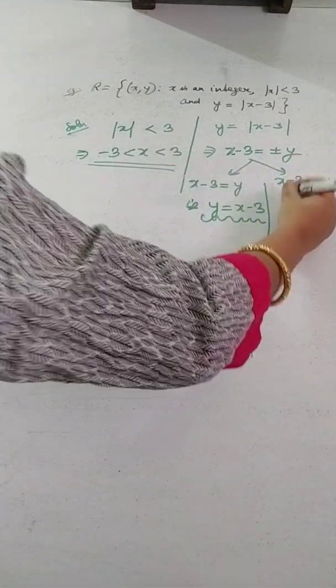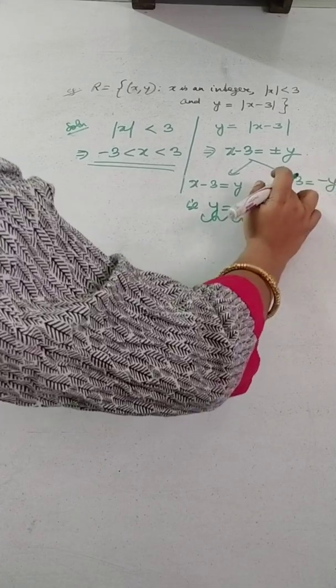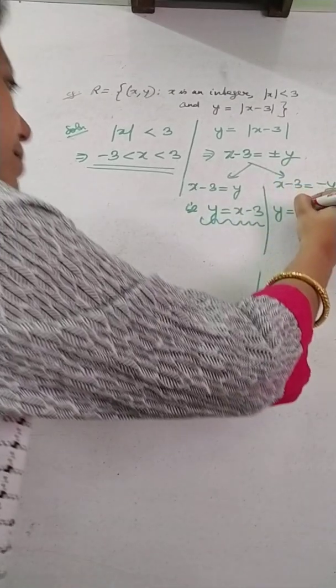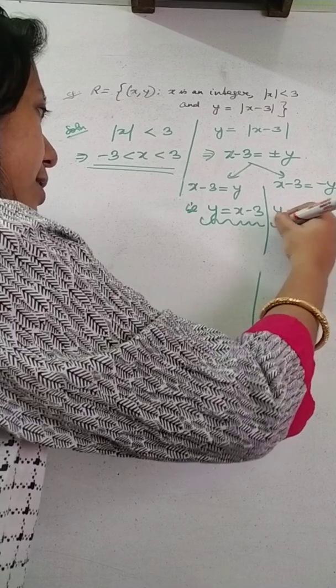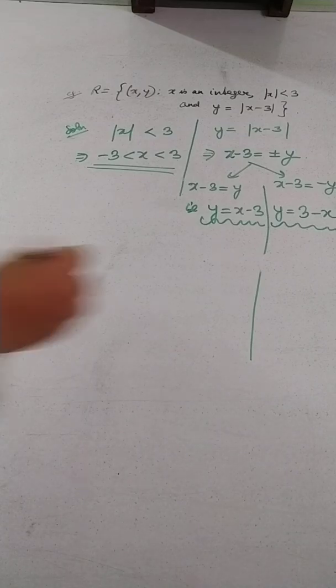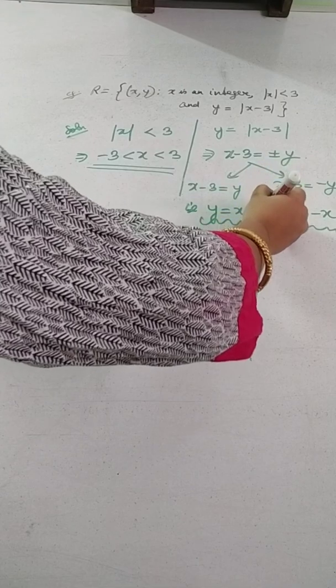I'll draw a line, and y, if I write it this side, is going to be minus x plus 3, or you can say it is going to be 3 minus x. So these are going to give me the second components.